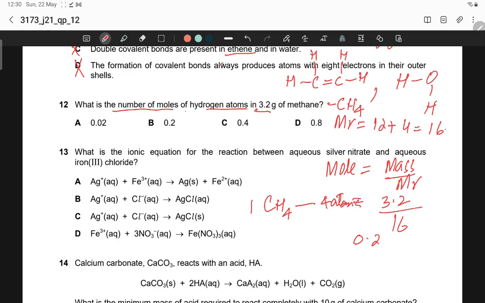So what would be the number of moles of hydrogen atoms in 0.2 moles of CH4? This is X, so cross multiply, and the answer is 0.8.